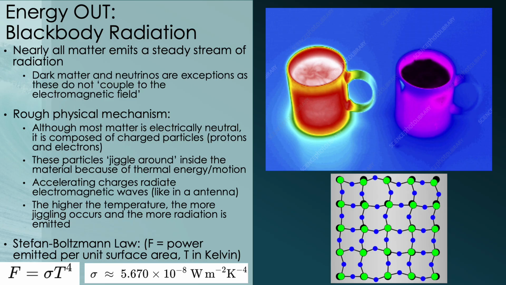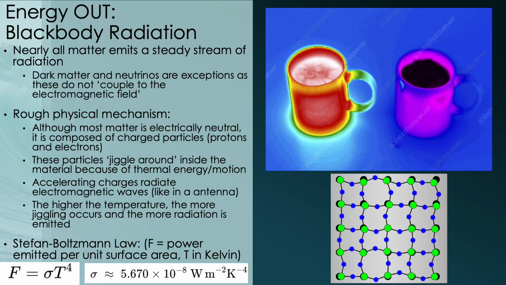And when the temperature is higher than absolute zero, the particles that make up your coffee cup aren't stationary. They jiggle around, and at the atomic level there's no friction, so they jiggle forever. They never stop jiggling. And as they move around like that, those moving charges emit electromagnetic radiation.